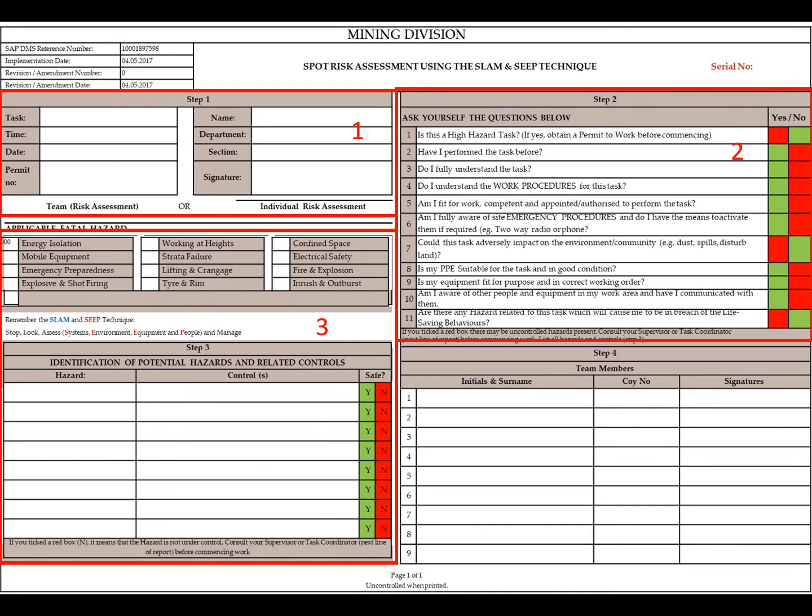Stage 3 would be to tick off the applicable fatal hazards. It is also to use your SLAM and SEEP, which in itself now, if you count it, is 8 steps. And then it is identifying the hazard and looking at how you will control it.